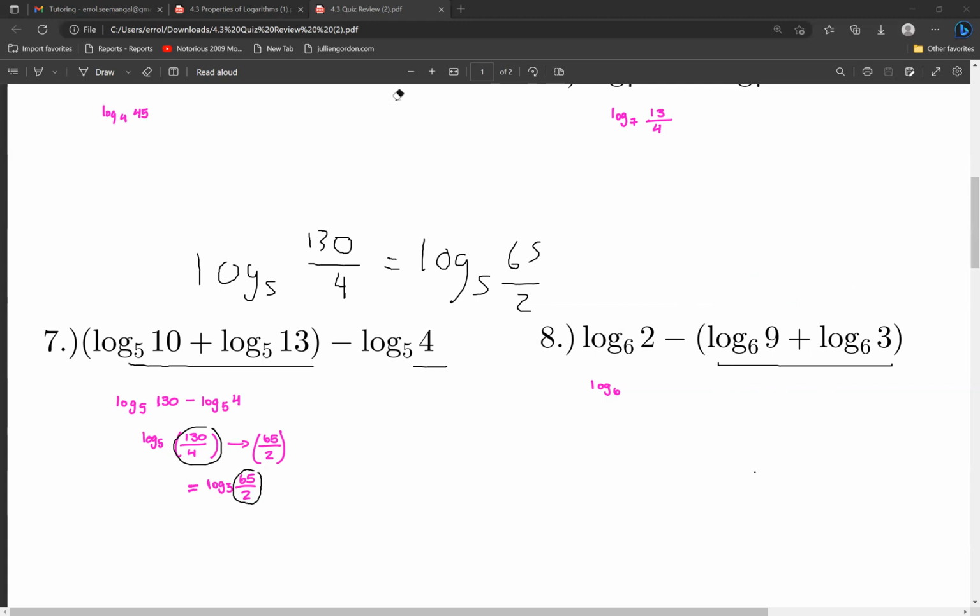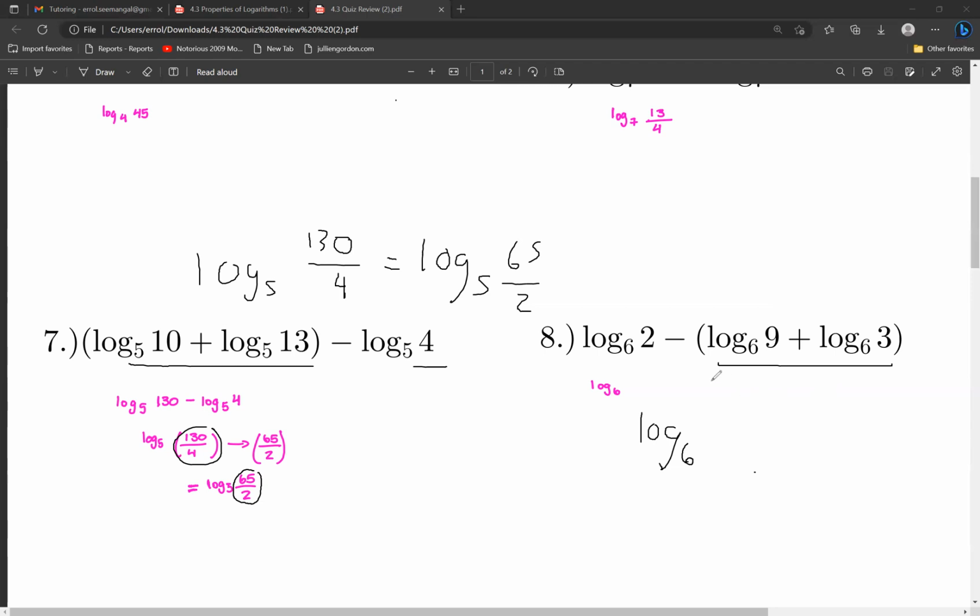How should we write 8? Log 6 9 plus log 6 3, minus log 6 2.